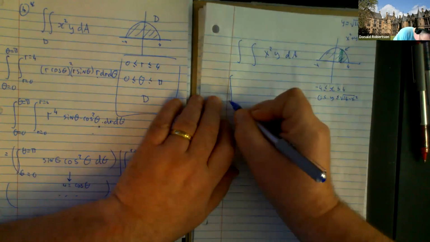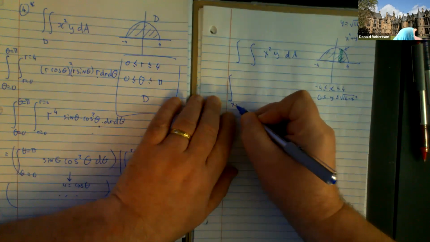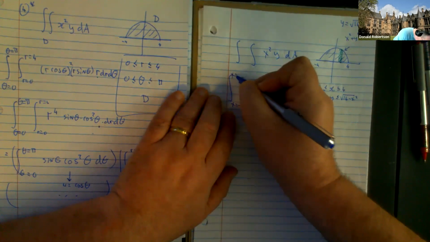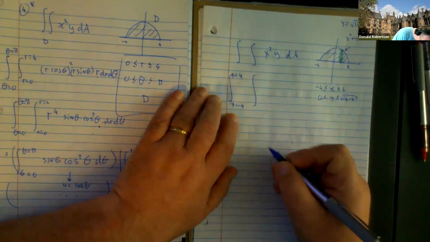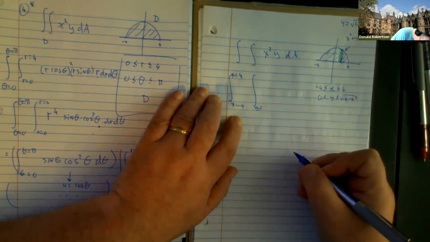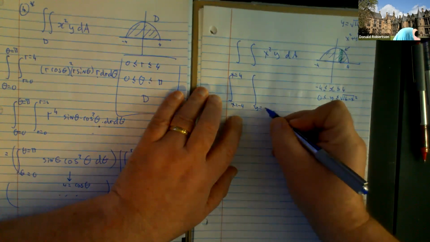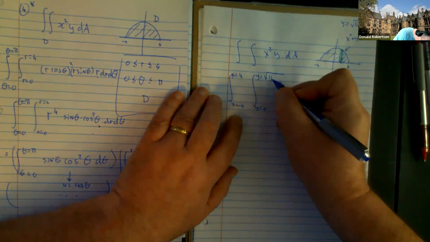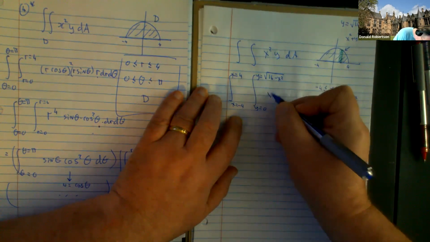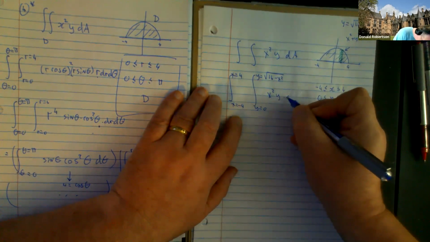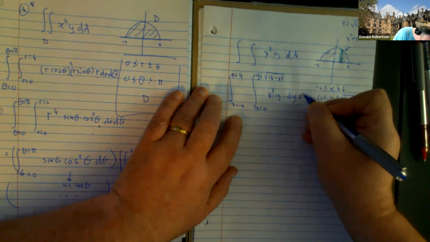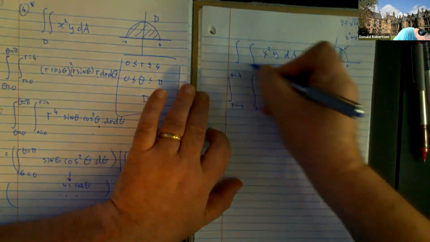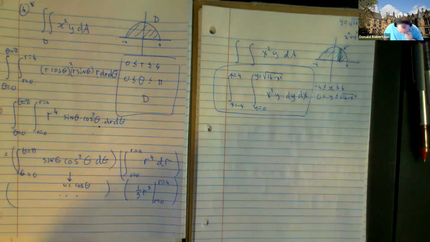So you would be doing the integral from x equals -4 to x equals +4, from y equals 0 to y equals the square root of 16 take away x squared, y dy dx. Let's just pause on that for a minute.